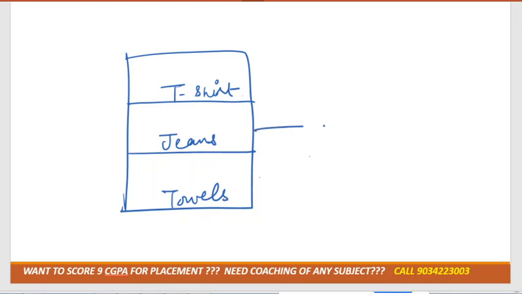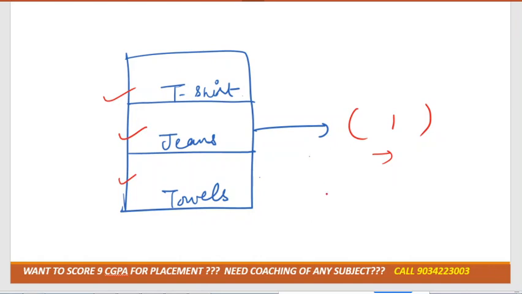You want one single output. In this case, three are the inputs and the output would be one. Now the question is how will we get the single output?